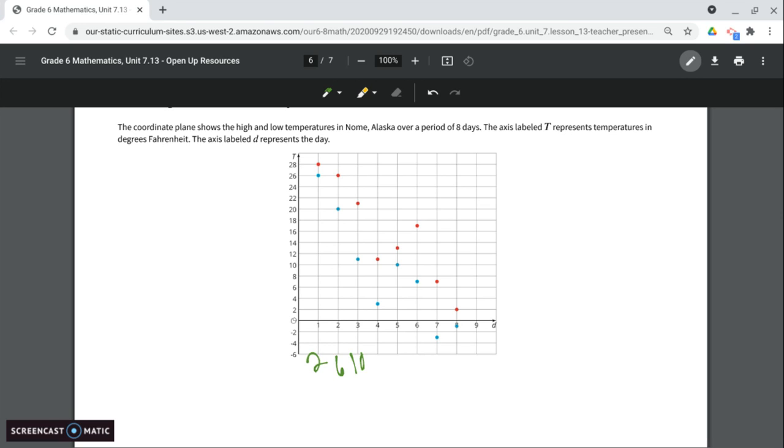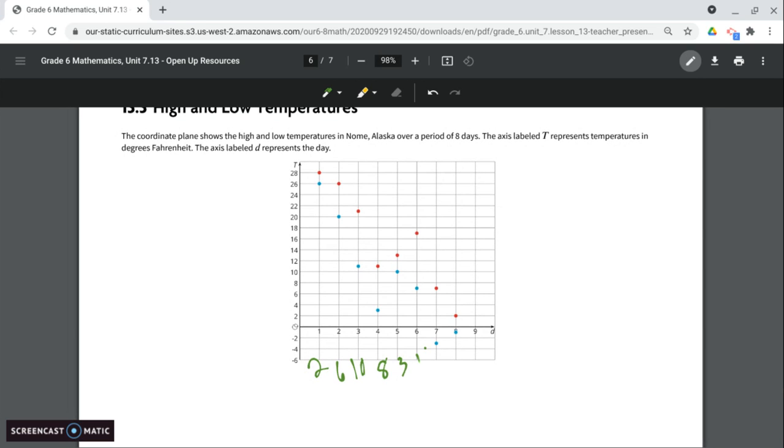Here we've got 2, 4, 6, 7, and 8 on day 4. On day 5, it looks like a 3-degree difference. Day 6, we've got 1, 2, 3, 4, 5, 6, 7, 8, 9, 10-degree difference again.